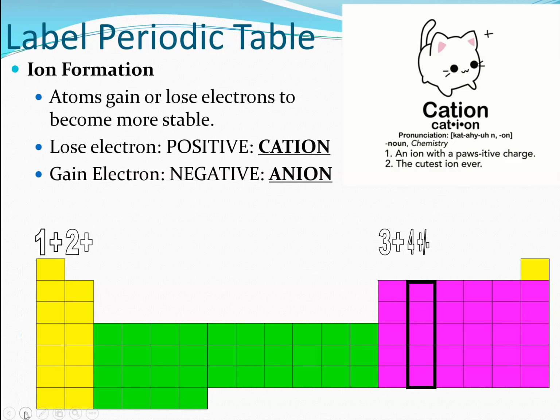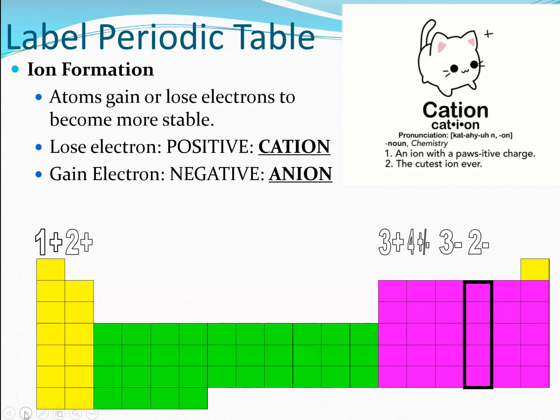Just so you know, it can be a plus or a minus in this one. Right above the nitrogen family, we're going to put a 3 minus, meaning that it needs to gain 3 electrons in order to become like the noble gas and stable.